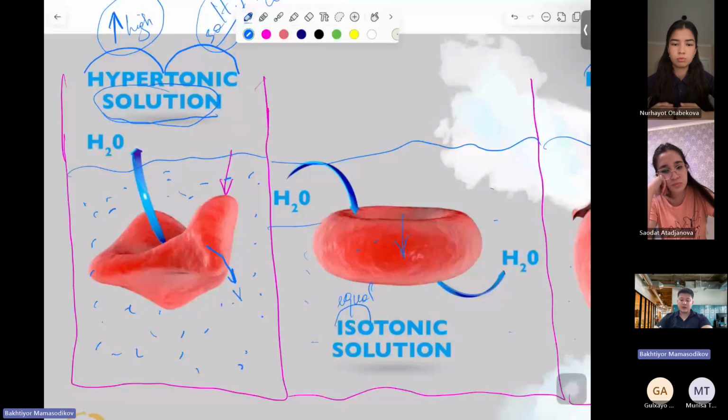And they are shrinking. This process is called shrinking. Shrinking is when a substance loses water and they shrink. And my question is, why is the water leaving the hemoglobin?